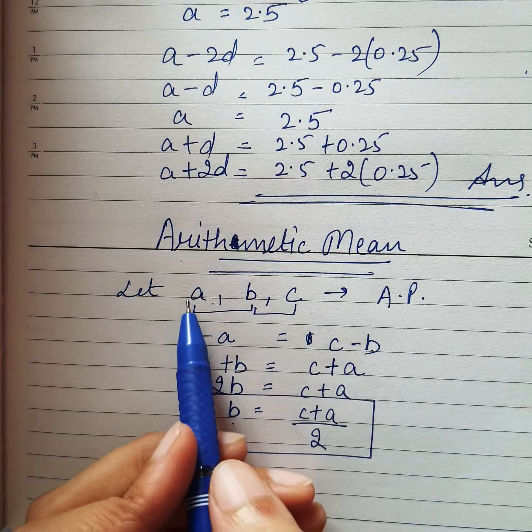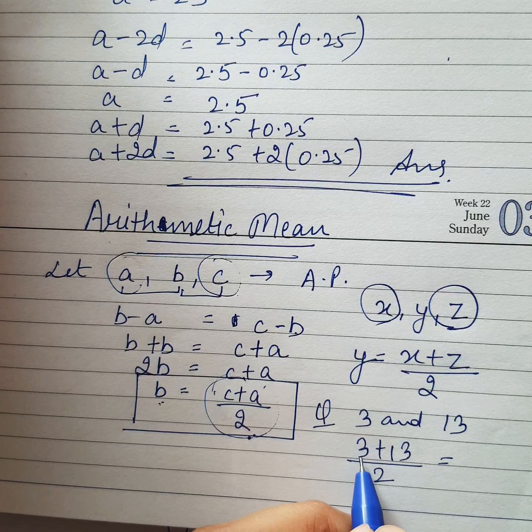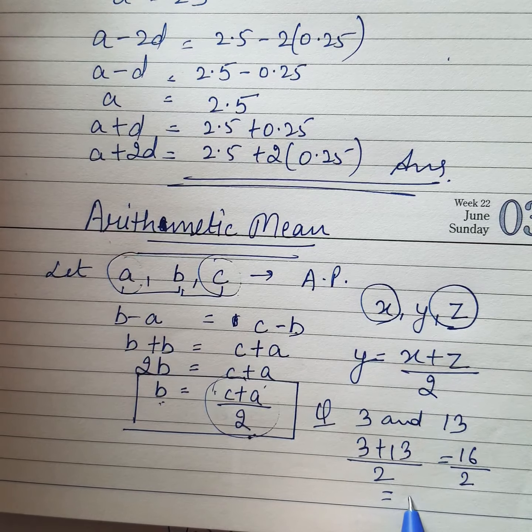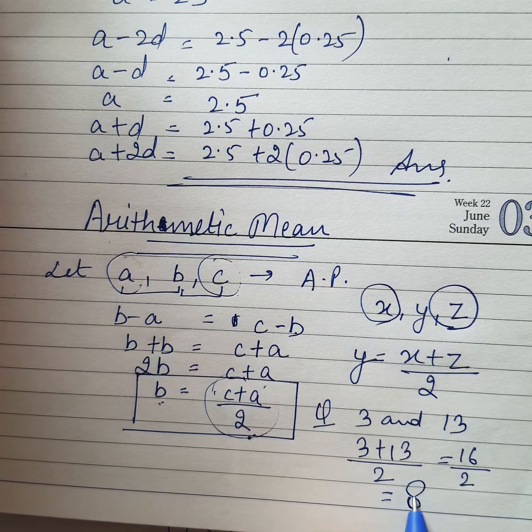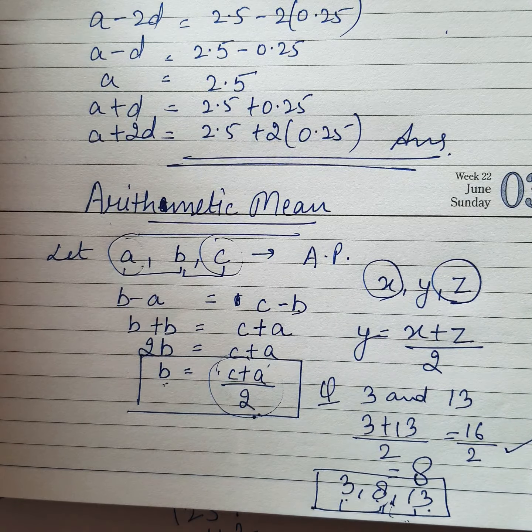In this case 3 plus 13 by 2, which is 16 by 2, which is 8. Now if I write 8 between them, 3, 8, 13, the numbers are in AP. 3, 8, 13. The common difference is 5 and here also is 5. So that is why this is known as the arithmetic mean. Sum of the numbers divided by 2.